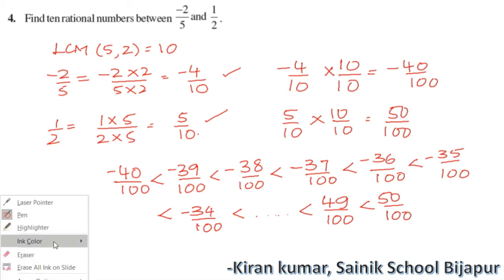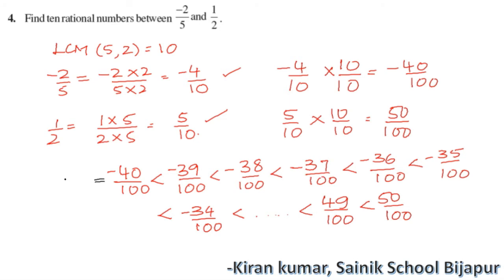This number negative 40 upon 100 is same as negative 2 by 5, and this number is same as 1 upon 2. So not only 10, we have written more than 10. Here I have multiplied each one of them by 10.